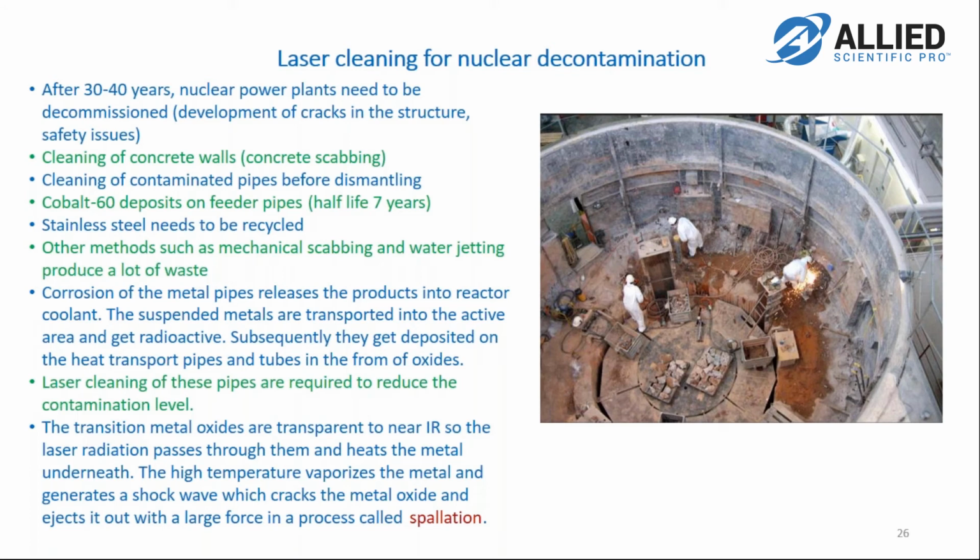This process is called spallation. So this is different from the car coating where the absorption was done by the coating. Here the absorption is made by the substrate, and then the generation of the plasma from the substrate removes the coating, and that's just called spallation.